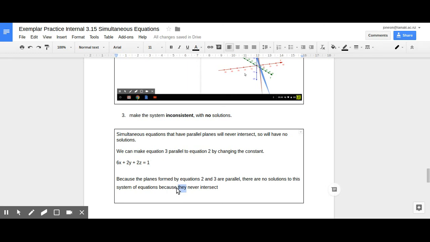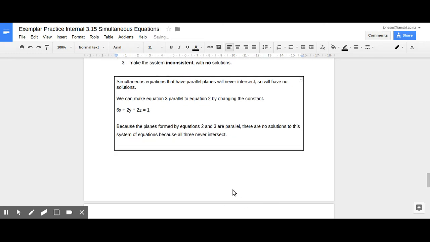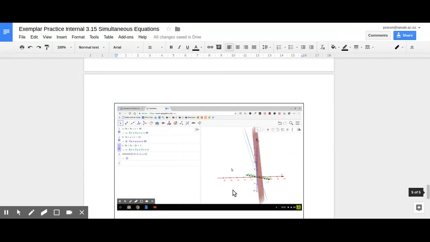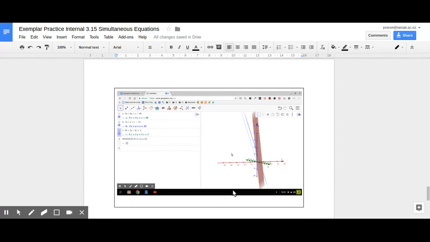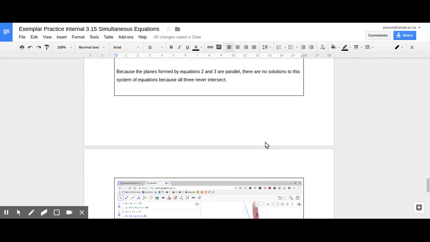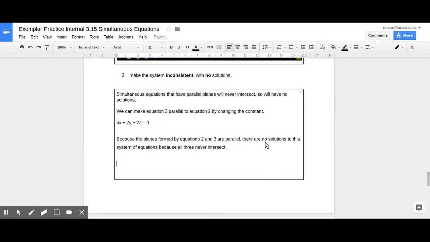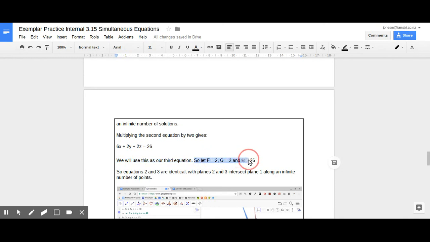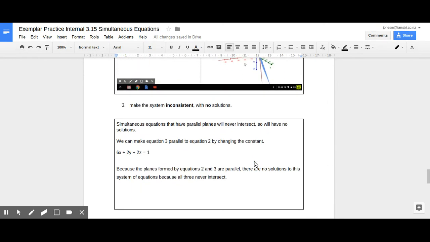I'm going to say all three never intersect. Because equation 1 intersects with equation 2, and then equation 1 intersects with equation 3. Equations 2 and 3 never intersect because they're parallel. So what we've got there: I'm going to say h is equal to 1.